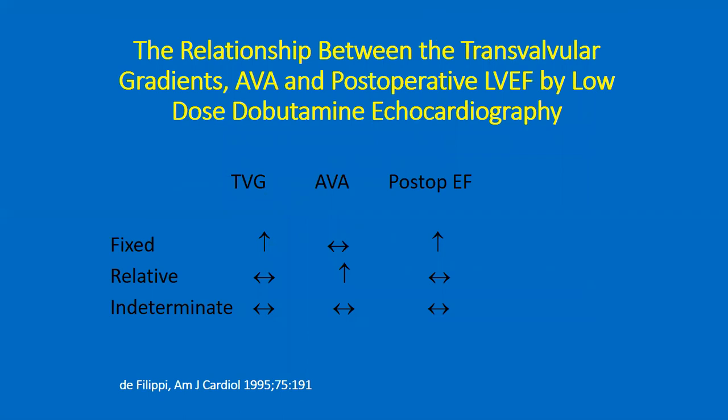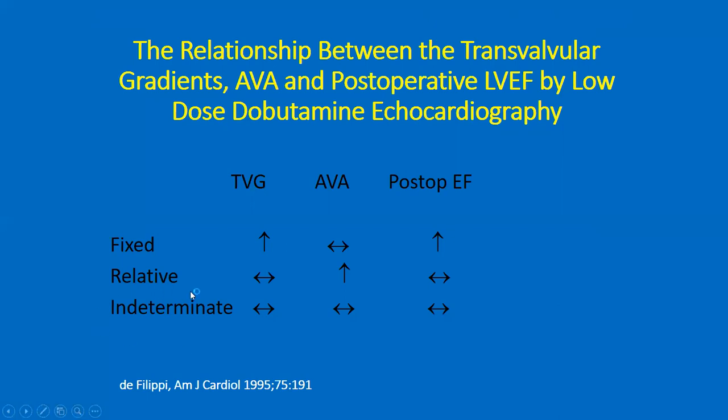Now, low-dose dobutamine echocardiography, in other words, up to 20 micrograms per kilogram per minute, has been proposed many years ago by Chris De Filippi and Paul Graeber as a tool to differentiate between a true or fixed, as they call it, stenosis and pseudo-stenosis, or what is called relative.